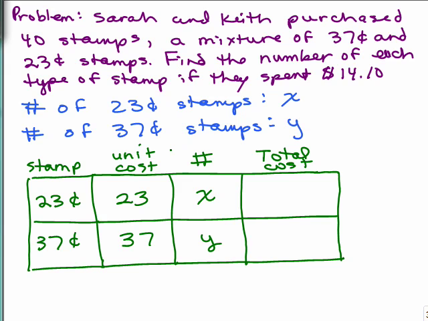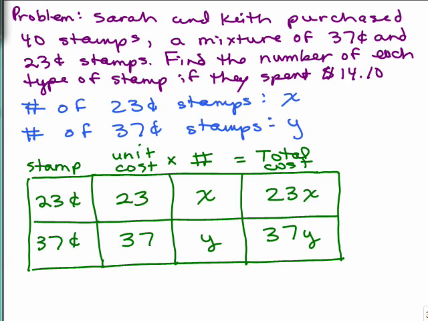So notice I'm doing the unit cost times the number of stamps is going to equal the total cost of the 23-cent stamps that I buy, in cents. And the cost of the 37-cent stamps is 37Y.